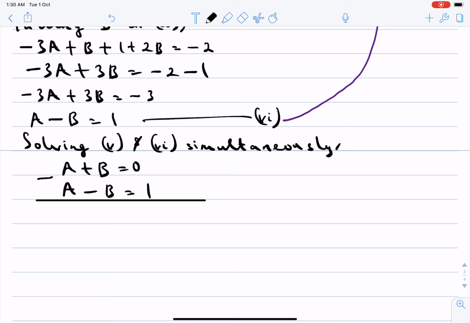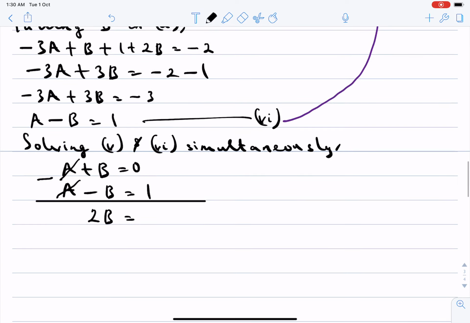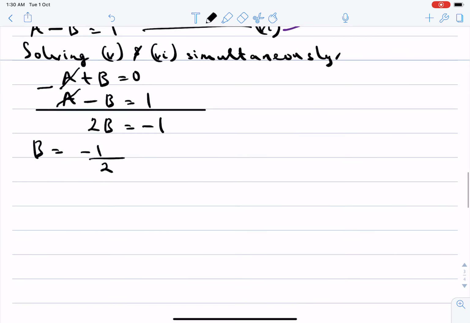A minus a is 0, and b minus minus b is 2b. So 2b equals 0 minus 1 is minus 1, which means b is equal to minus 1 over 2. Now, I can put b in equation 5 or 6 to get a.